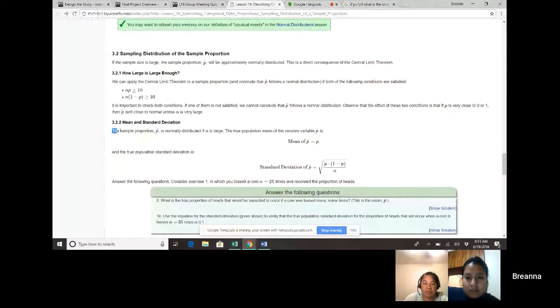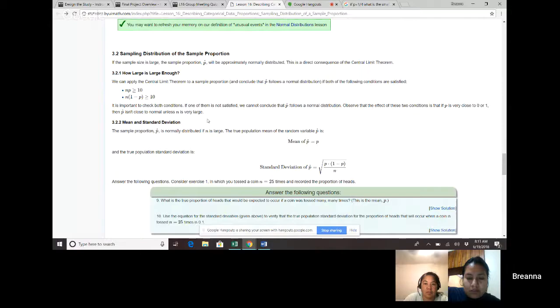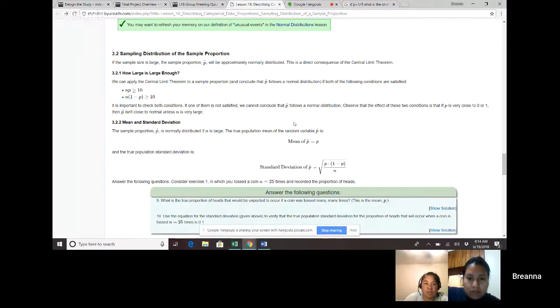Right here, the sample proportion is normal. So it shows they equal each other. And it shows here that it's large if it's over 10. So wouldn't it just be 0.4? How large is large enough?